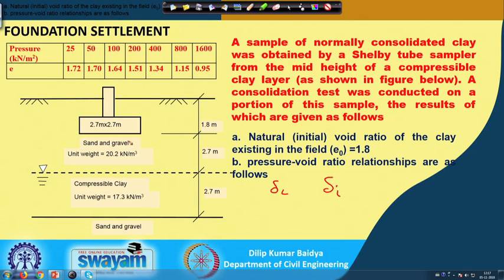If you want to find out delta I, then again I could have drawn the Newmark influence chart, and from there I find out I here, I here, I here, and then if I know the E value here, here and here, then again I can find out the delta I. So, calculating these two together, I can find out the total settlement of this footing.